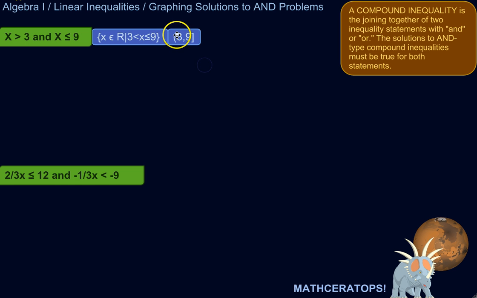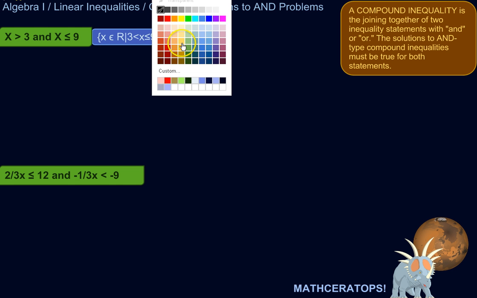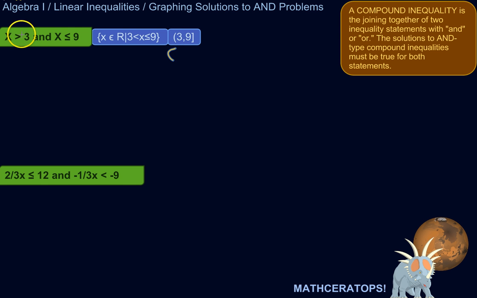And here's interval notation. The solution set is from 3 to 9. This is saying I'm not including 3. This is saying I am including 9. So 9 and anything less than 9 would count.